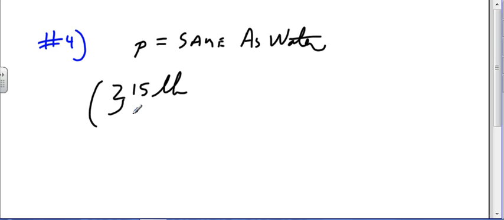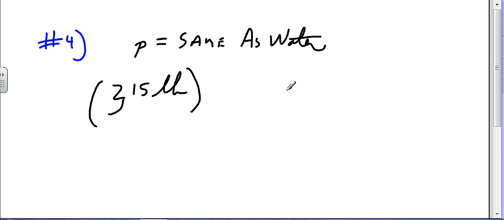And then we want to change that to kilograms, so we'll take our calculator and we'll put in 315 and second function convert, and English to metric, pounds to kilograms.